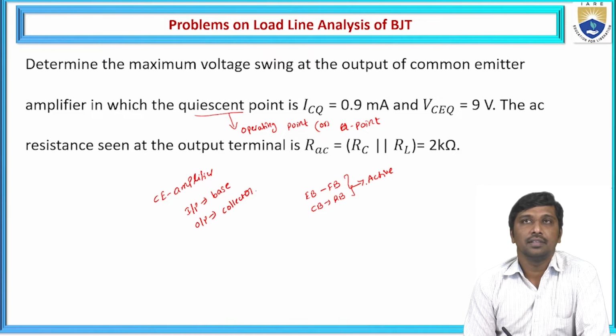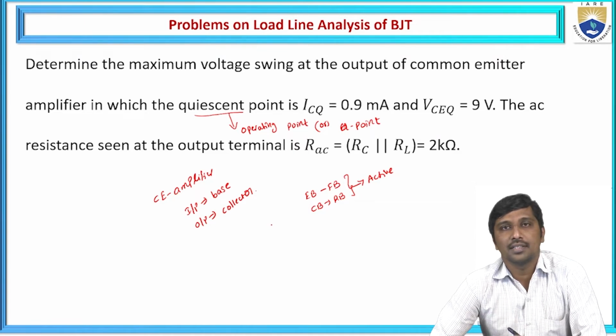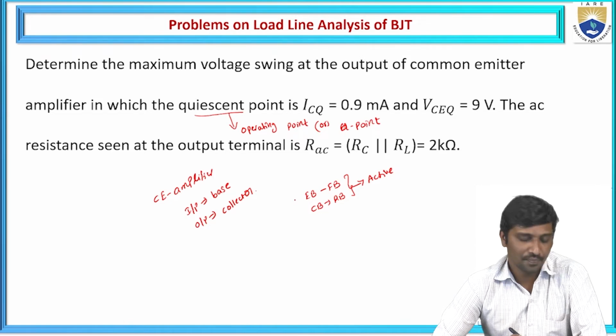In that active region the transistor acts as an amplifier, but not every point in the entire active region gives faithful amplification. We need to find the exact operating point at which the transistor acts as an amplifier without distorting the input signal.